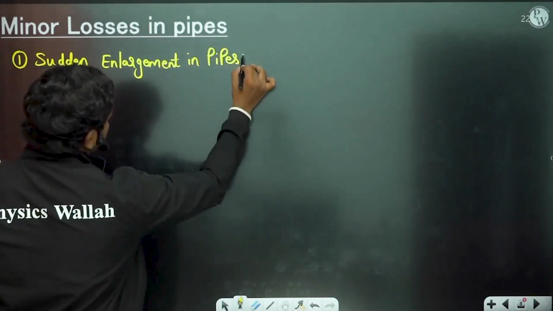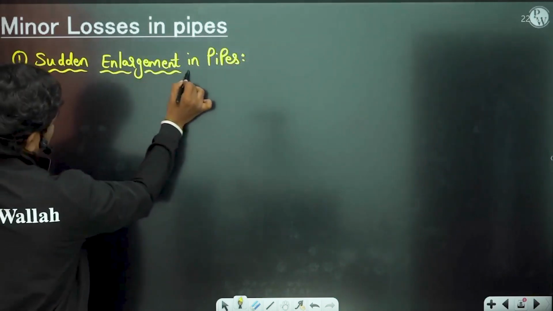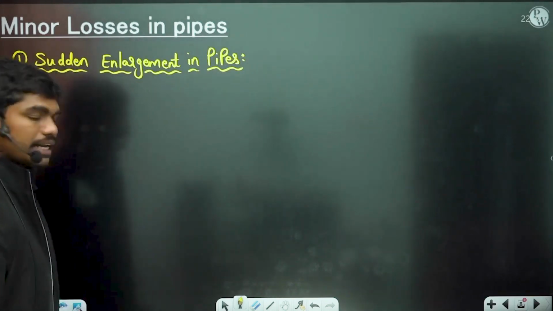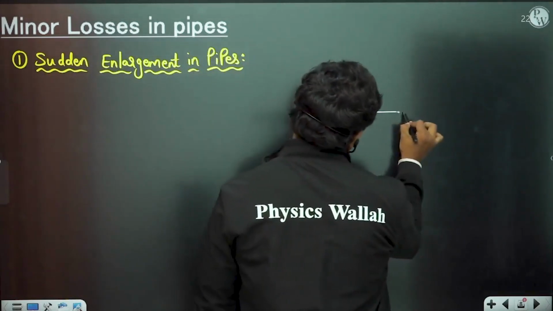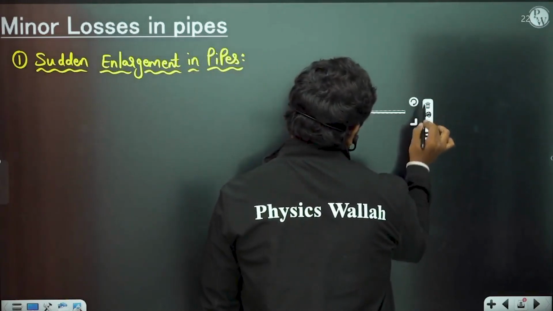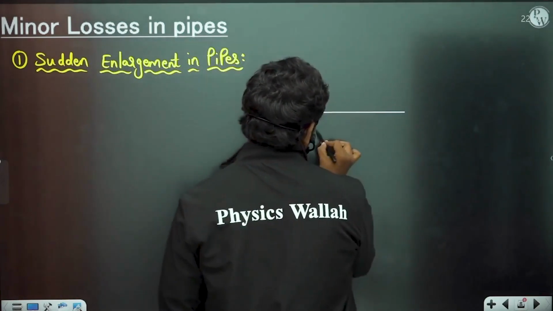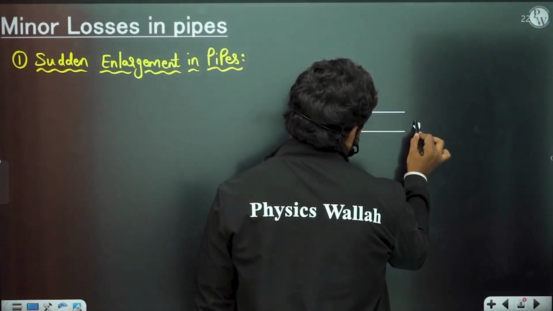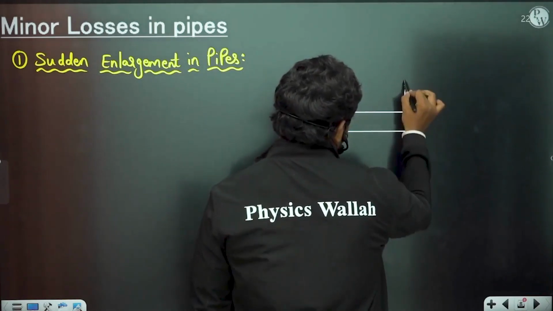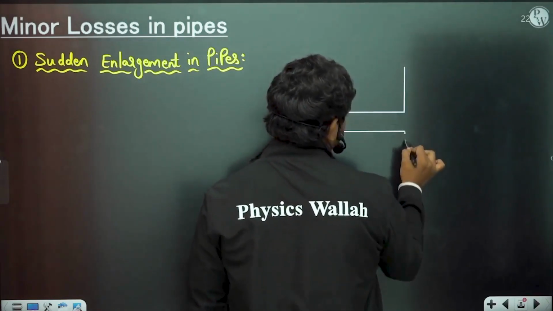So let us suppose there is some pipe which is going, and suddenly the pipe gets enlarged, meaning the diameter suddenly increases.